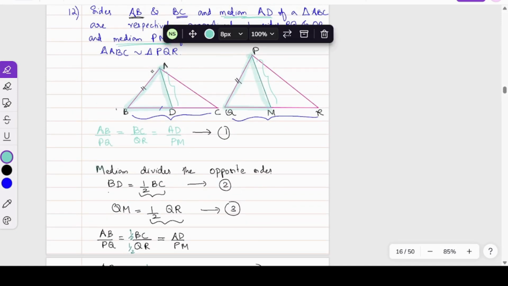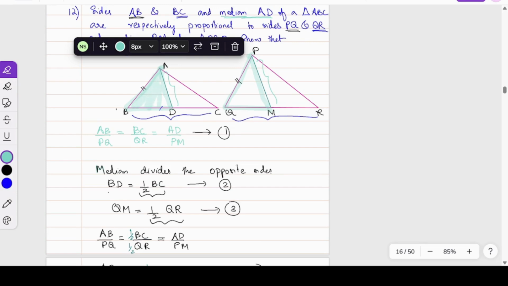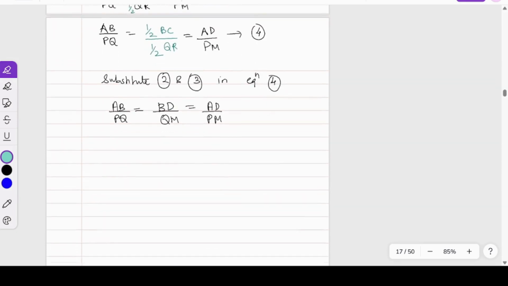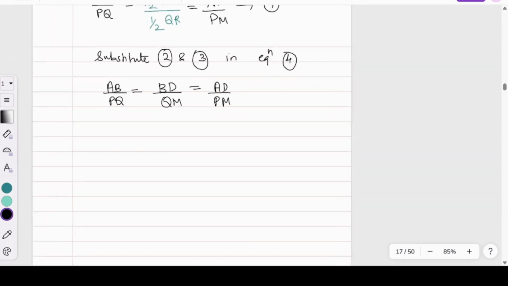So hence I got that these two triangles are similar triangles. Which two triangles? Triangle ABD and triangle PQM.